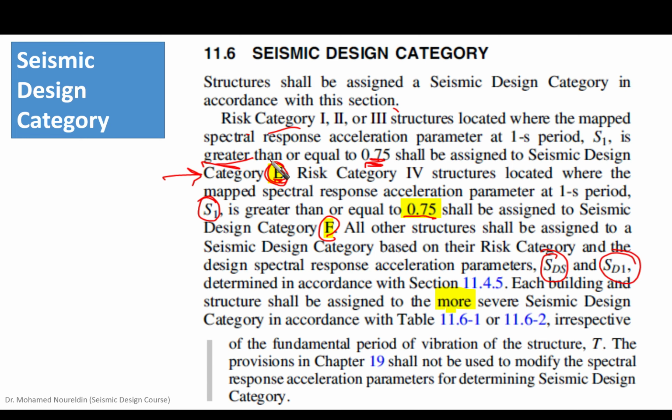So for E and F, we are taking exactly S1 as our main parameter for assigning E and F.